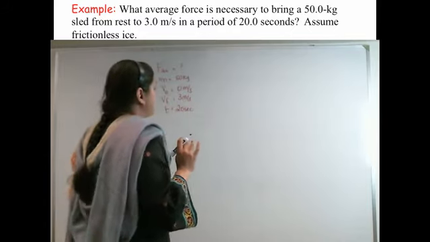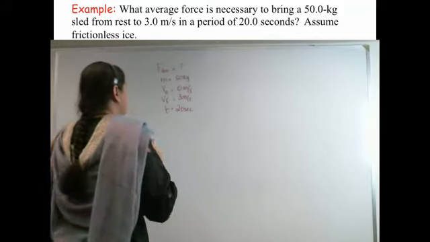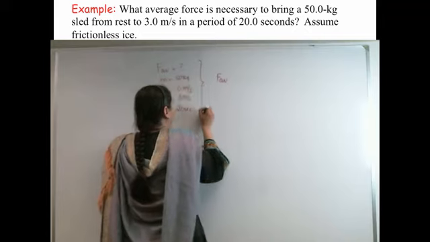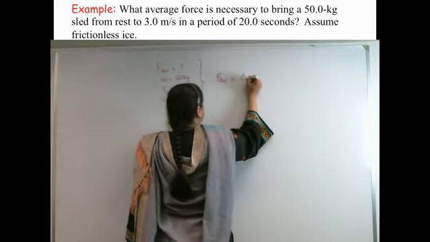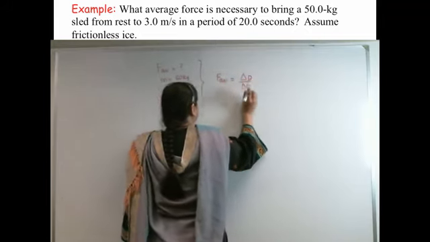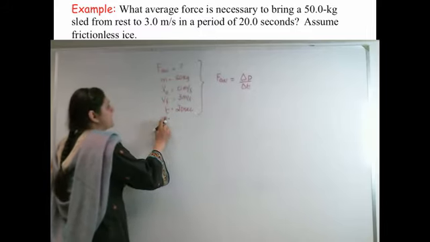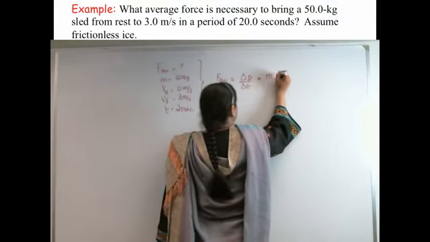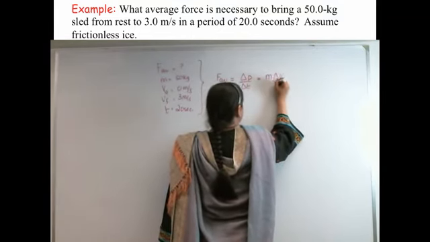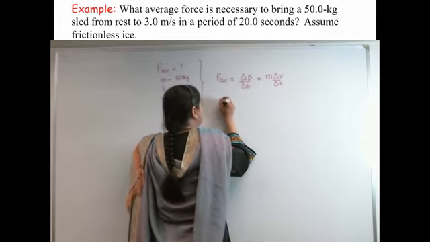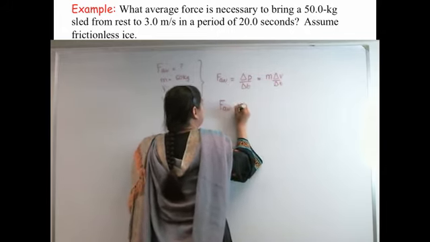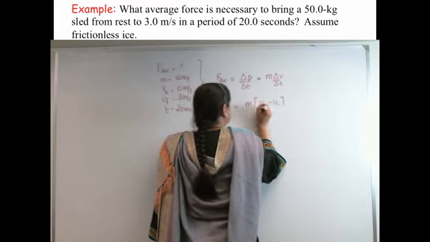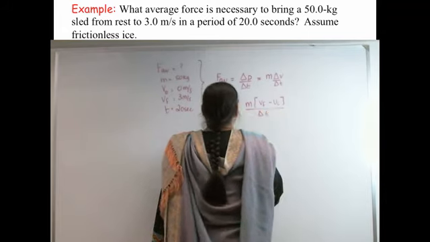So now I have to figure out what I actually know that's going to be useful. All of this is telling me delta P over delta T, because it's giving me a time and all of this information. So the average force is going to be m delta V divided by delta T, right? That means it's going to be mass times final velocity minus initial velocity, divided by the change in time.